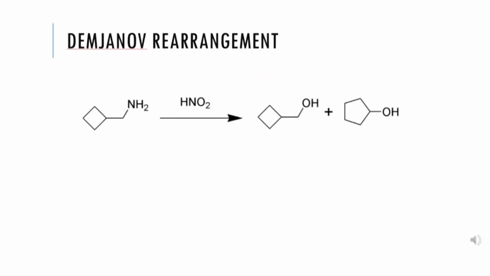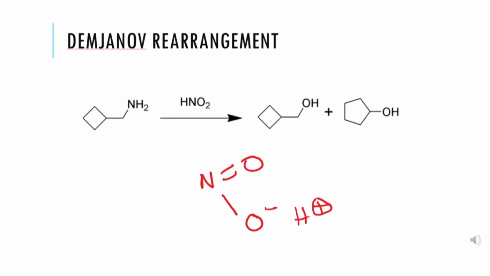Now let's move on to the next rearrangement, which is called the Demjanov rearrangement. So here you expose this amine to nitrous acid. Nitrous acid is basically N double bond O, O minus. So this is nitrite, and then you have H plus that can be formed, and this is nitrous acid. And nitrous acid can actually produce a diazonium ion.